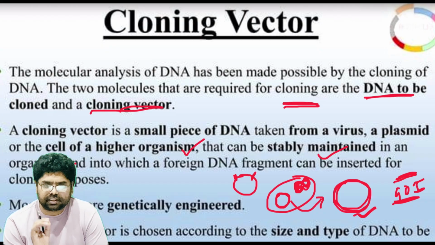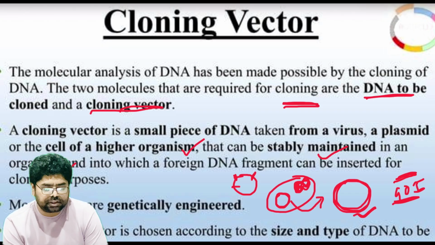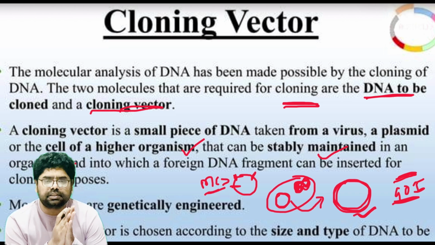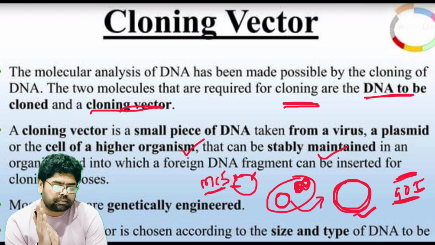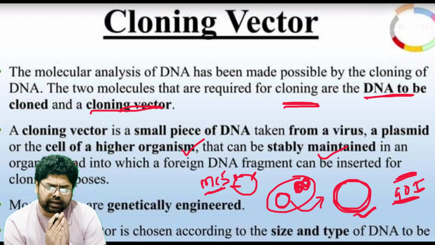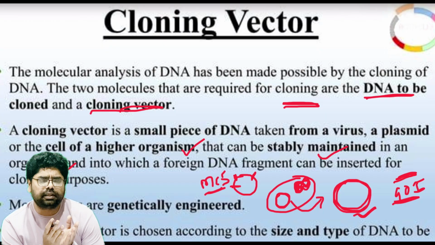Most vectors are genetically engineered to accommodate different kinds of elements like a selectable marker gene and origin of replication. There are different kinds of origins of replication, like low copy or high copy number, and different kinds of selectable markers like antibiotic resistance.